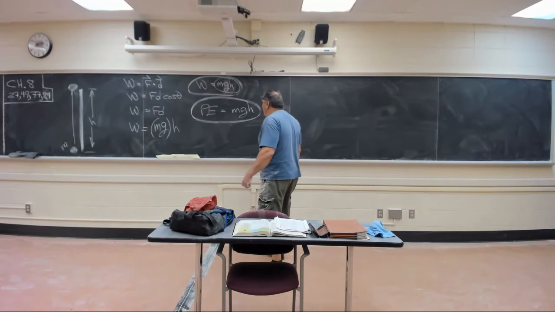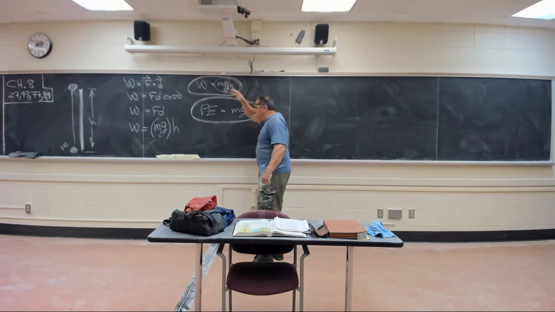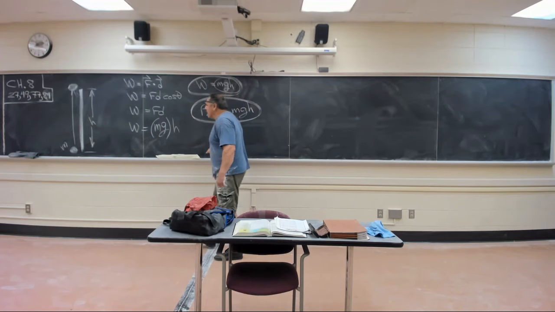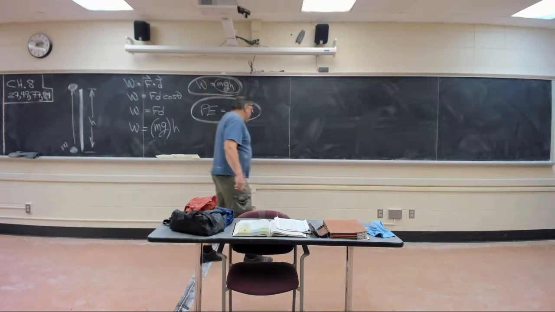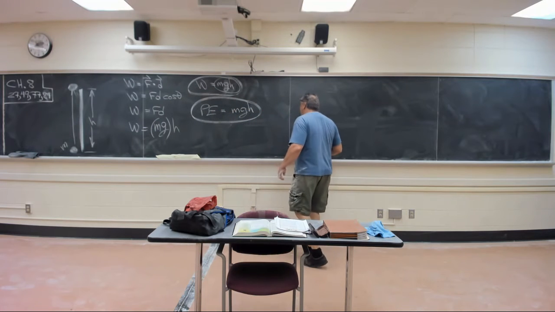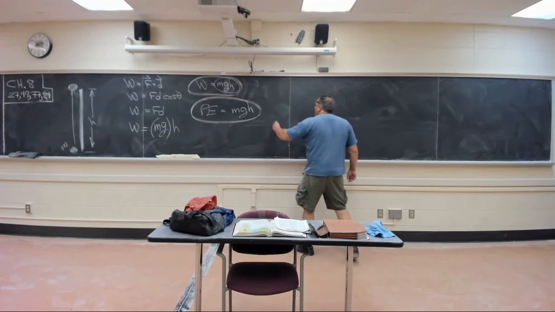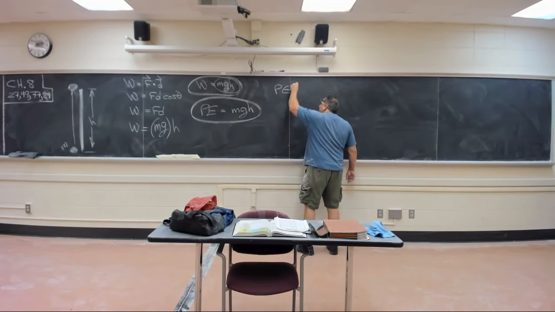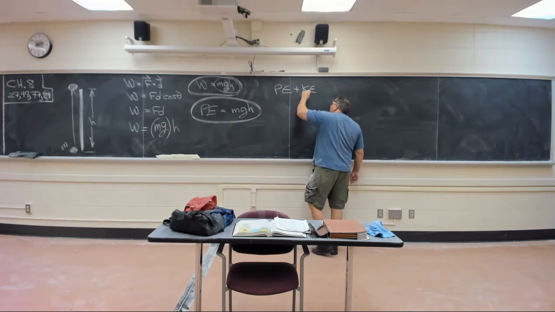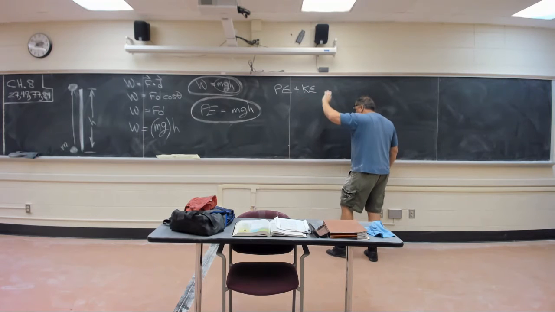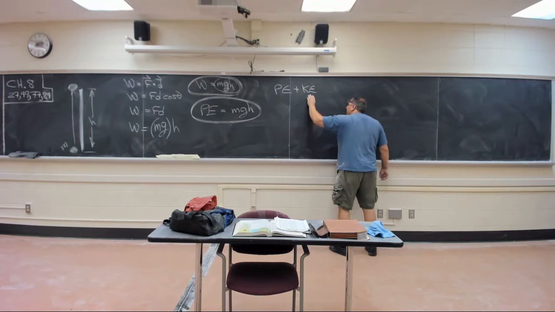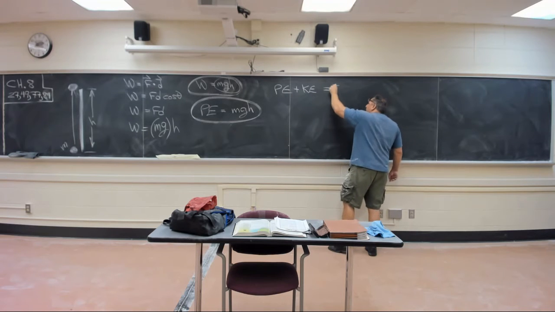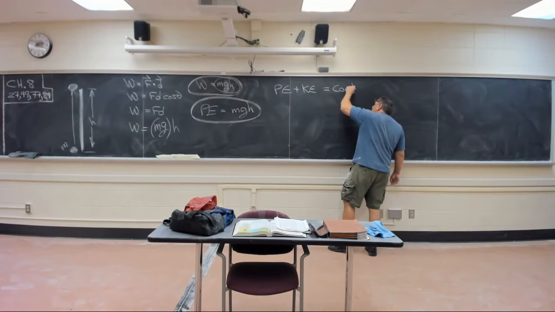If you drop this mass from that h-high building, at the very bottom all its energy is going to be kinetic energy. Very oftentimes, all of the potential energy and all of the kinetic energy of a system, kinetic energy being energy of motion, equal a constant for a given system.